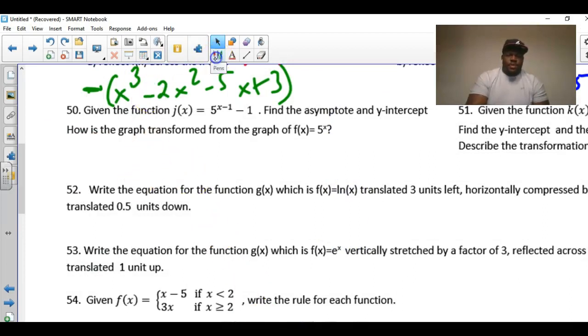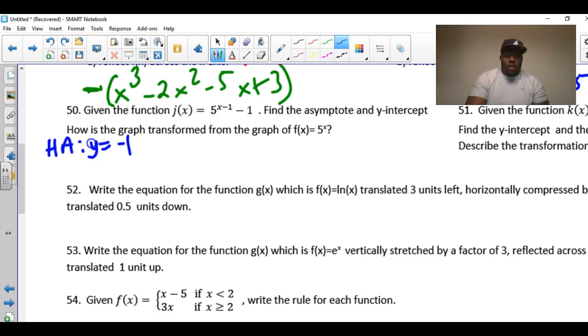Our asymptote. We have a horizontal asymptote at y equals negative 1. That came from this right here and went down 1. Now we have to find our y-intercept. Well, we saw that the y-intercept was 0, negative 0.8.